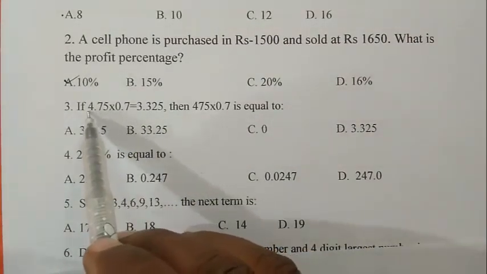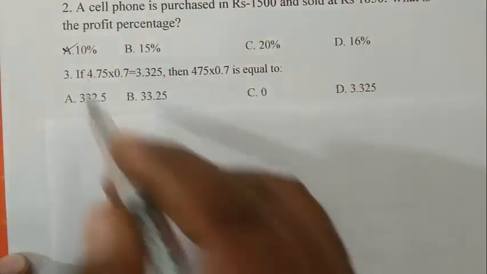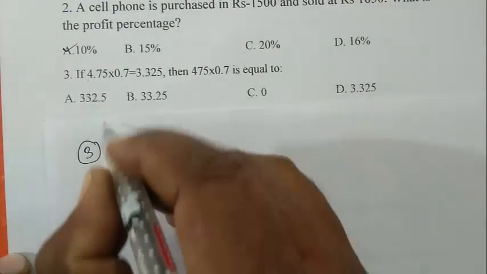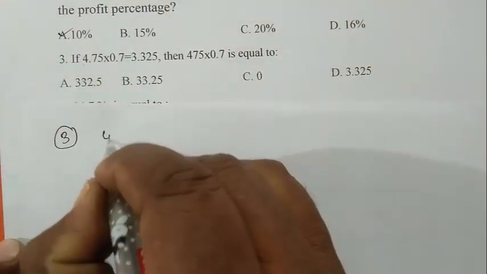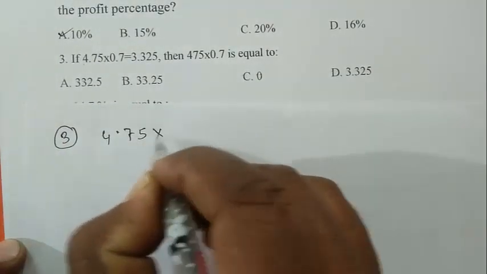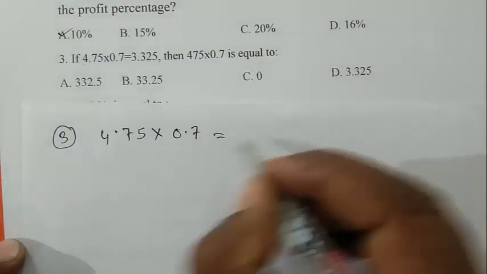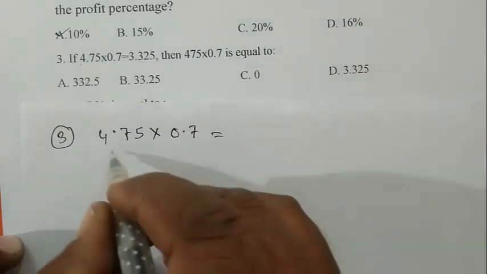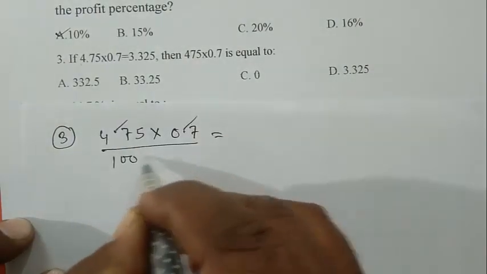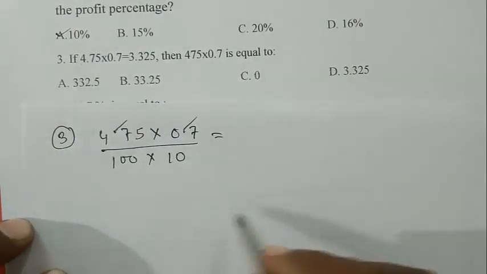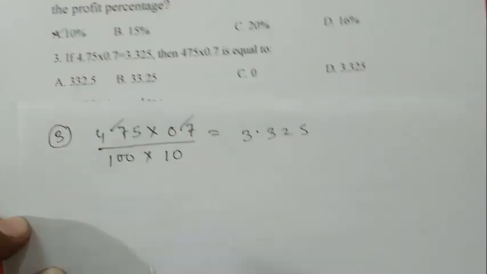After that we eliminate the decimal point. 4.75 into 0.7, we eliminate the point, we get 475 into 7 equal to 3.325.